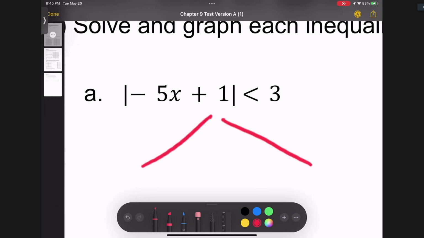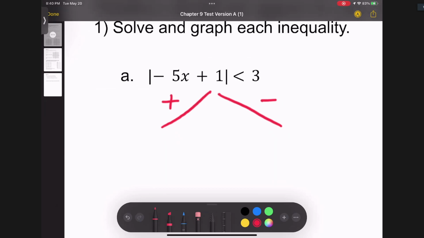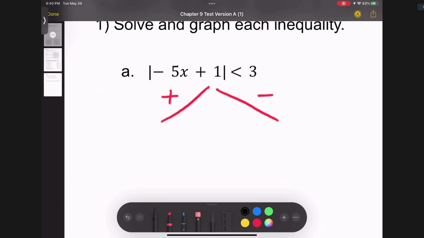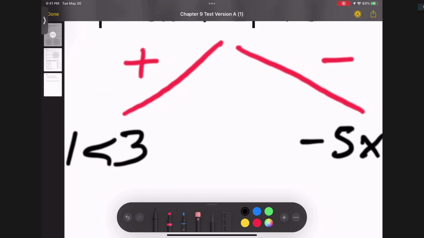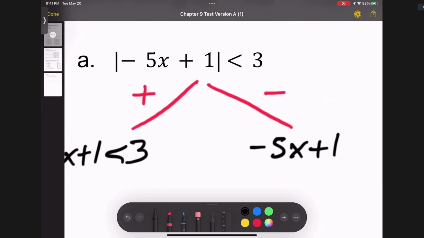You got two versions whenever you have the absolute value, a positive and a negative side. The positive side, nothing changes. For the negative side, this does change slightly. So you see how you got a positive 3 on the left side for the positive side?